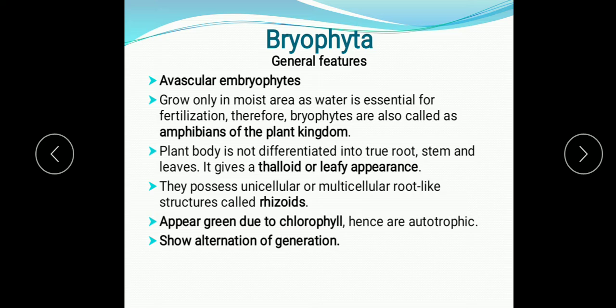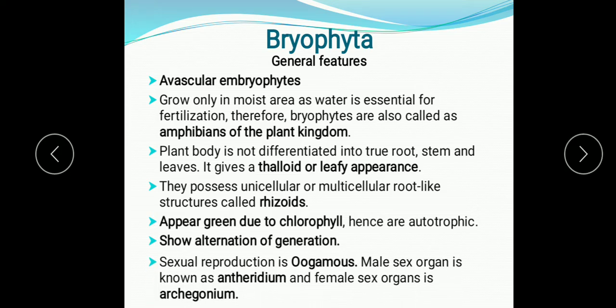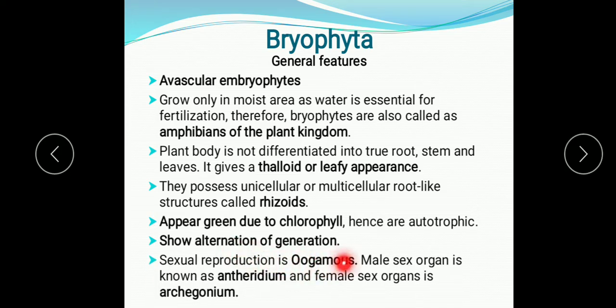They show alternation of generation. I will explain alternation of generation in the next part of this topic. Sexual reproduction is oogamous. I already explained oogamous, isogamous and anisogamous. The male sex organ is known as antheridium, and the female sex organ is known as archegonium.